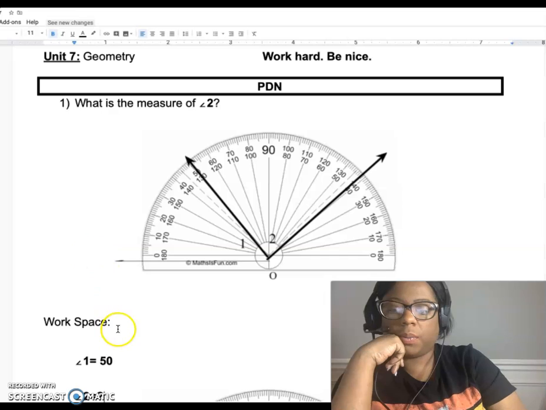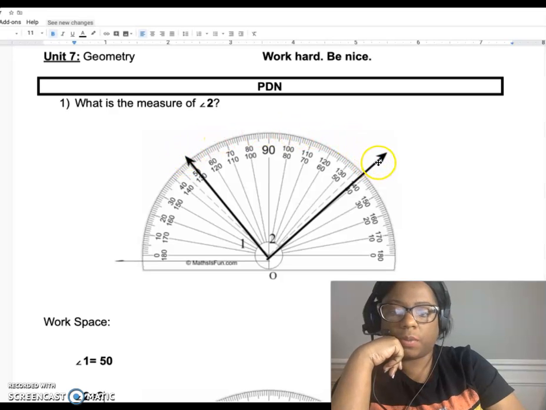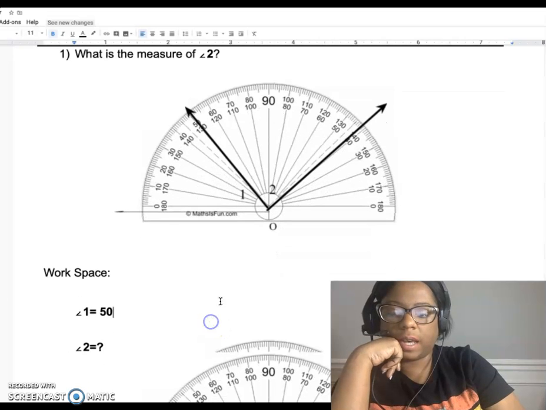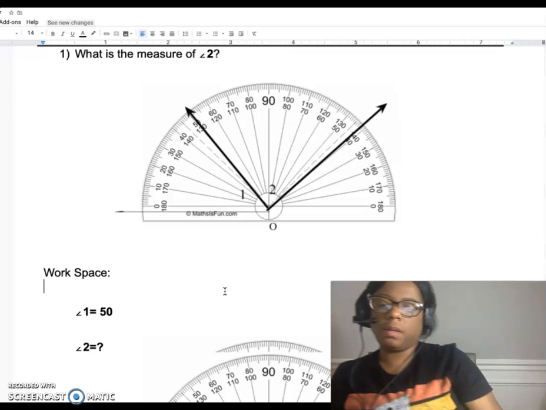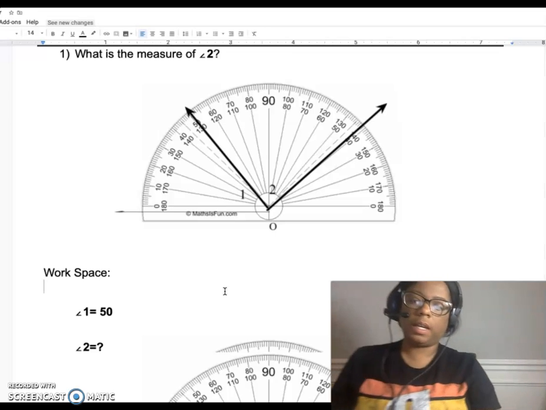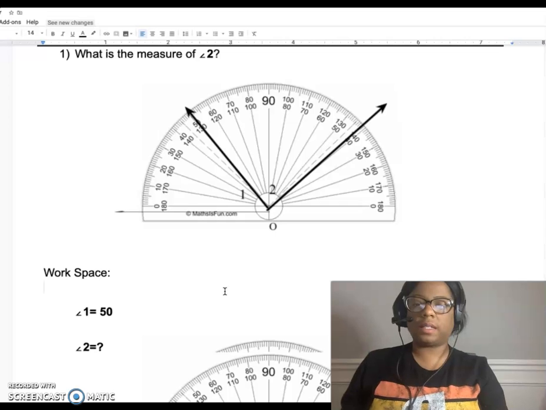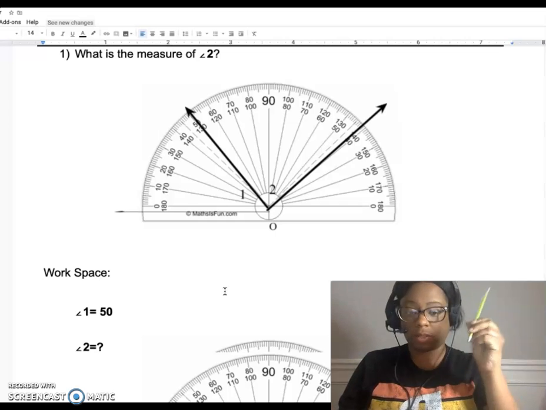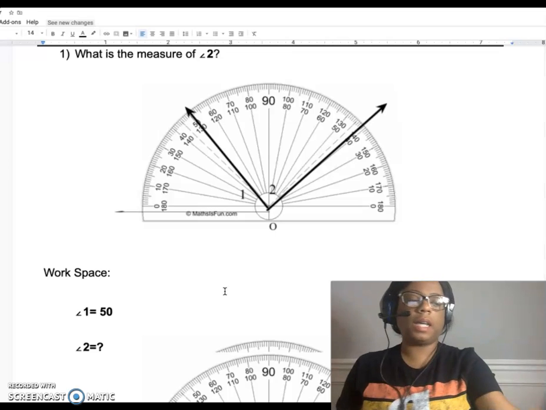Now, we know that we have 50 degrees and we're trying to travel from 50 to 140. The easiest way to figure that out is to create a subtraction problem because we're trying to get from one degree to the next. So we will definitely subtract with your pencil and paper on deck.